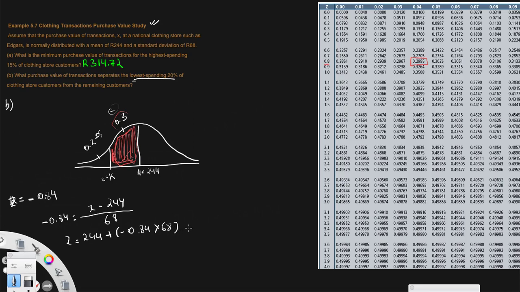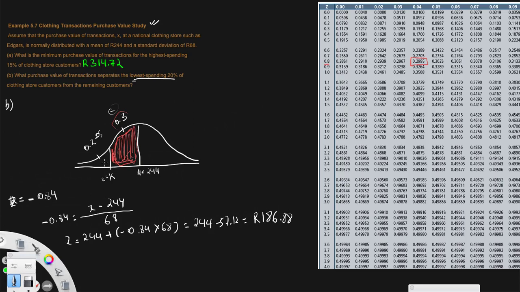That is equal to 244 minus 57.12, giving me an amount of 186.88.